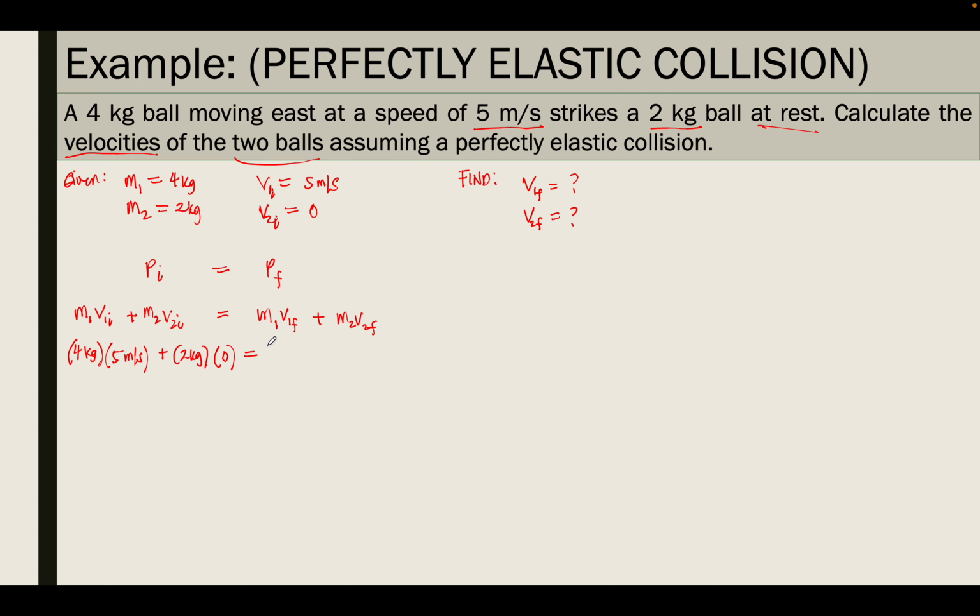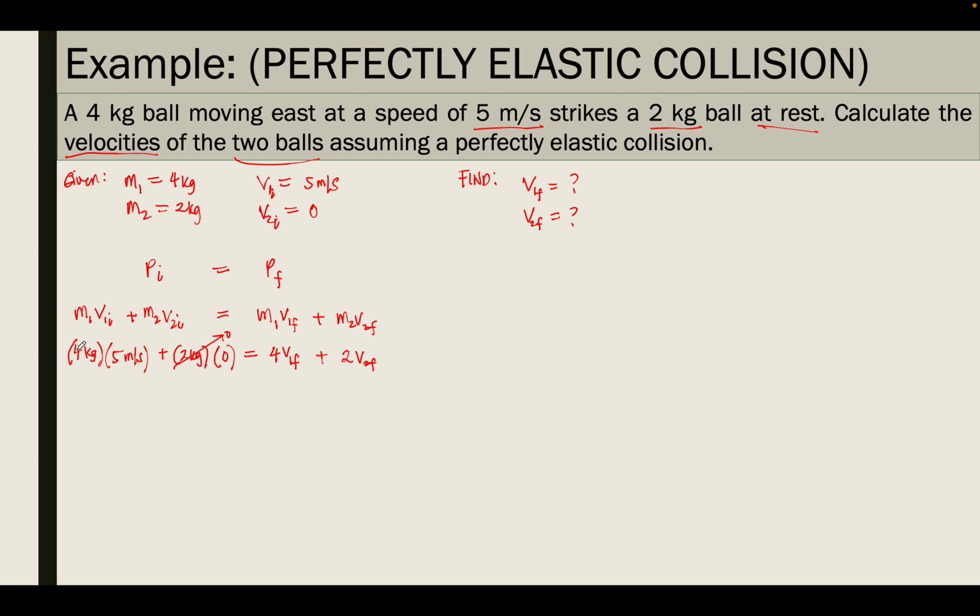So, on the right side of the equation, we have m sub 1, which is 4, times v1f, which is still missing, plus m2, which is 2 kilograms, times v2f. Okay, so this one is 0. So we have 4 times 5. Let's disregard the units first.